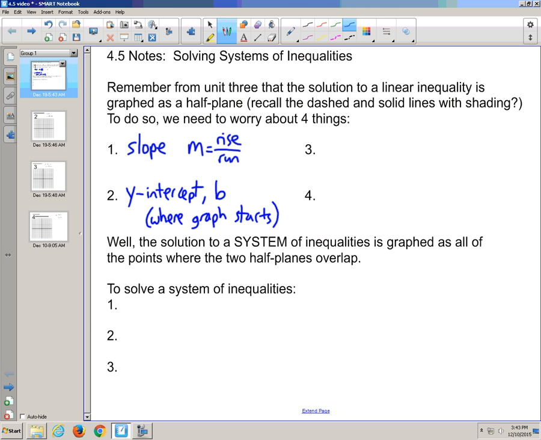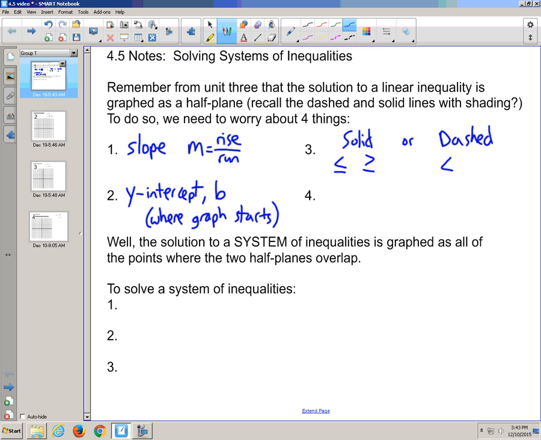Knowing those, we can plot our line, except because it's an inequality, we need to know, is our line solid or is it dashed? Based on our inequality signs, a solid line would be less than or equal to or greater than or equal to, because of that extra line, we have to connect our points.